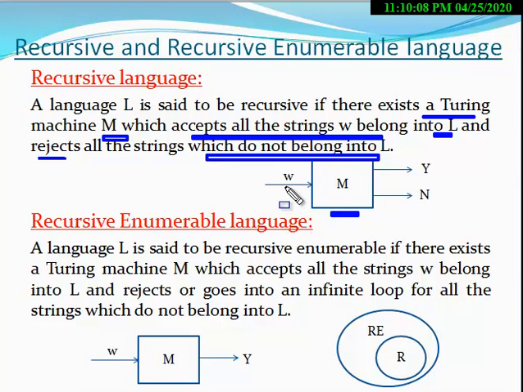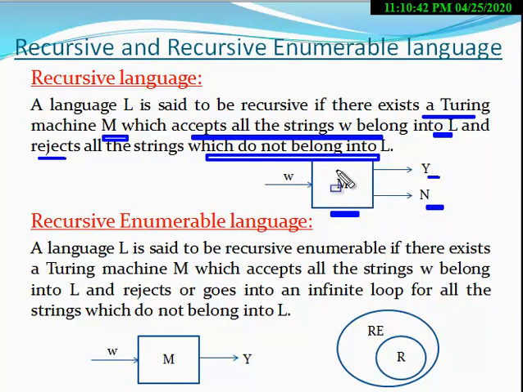Here we consider W as an input string. Here Y stands for yes and N for no. So W is some input string. Look at this figure. If W belongs to L, then the answer of this machine will be yes. But if W does not belong to L, then the answer of this machine will be no. Right?